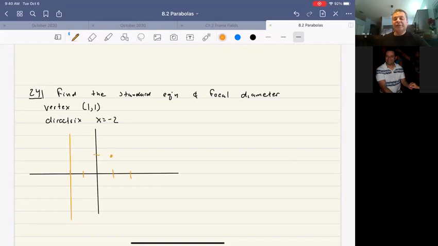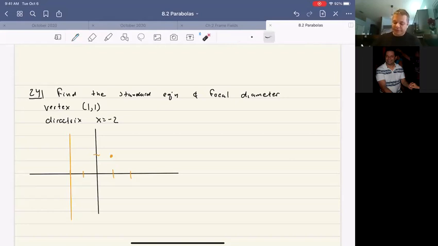Now remember, my parabola should move from my vertex around the focus, which I don't know where it is yet, although I can find out through the vertex. So let's go ahead and find the focus first.